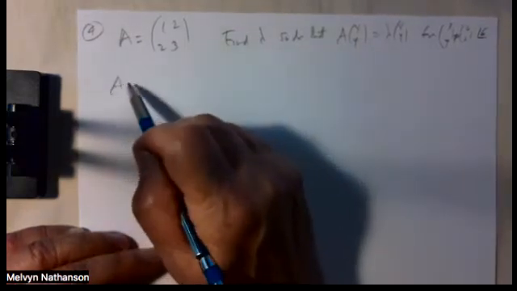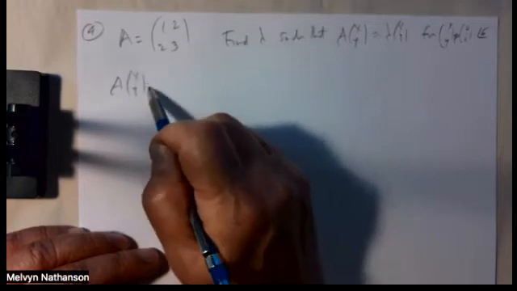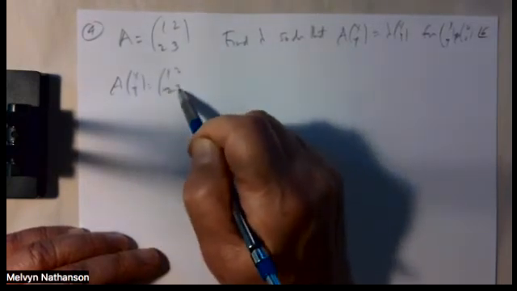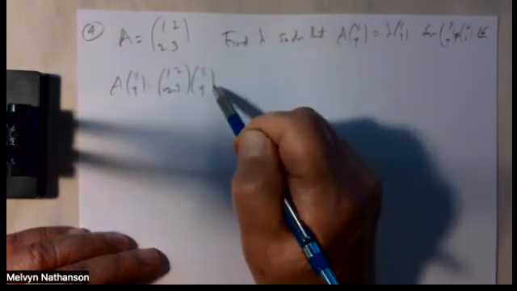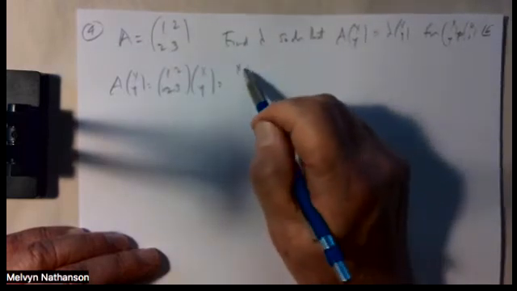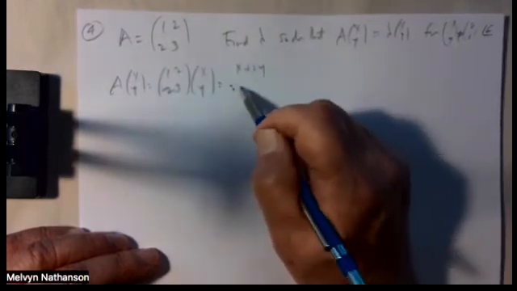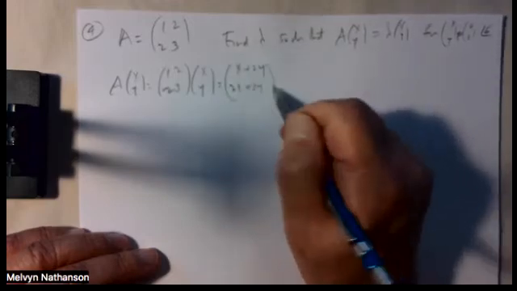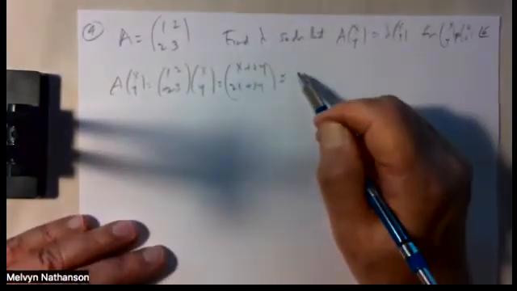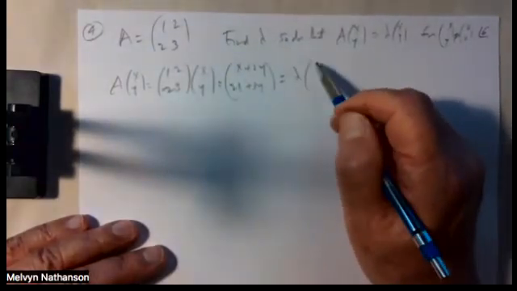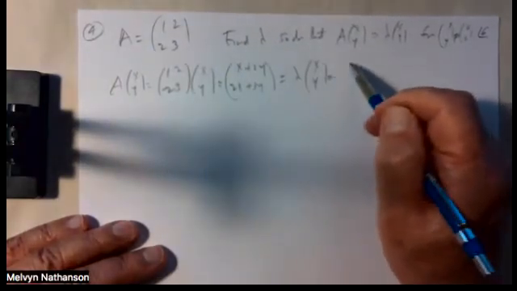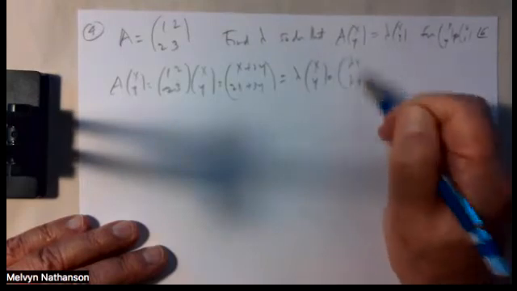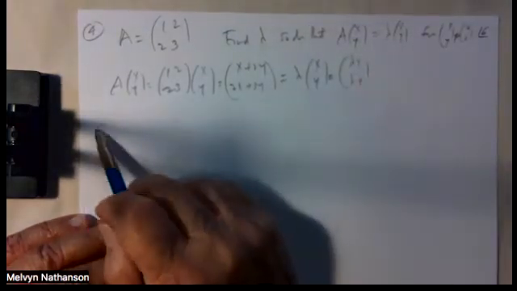So A applied to the vector xy, that's 1, 2, 2, 3 applied to xy, you get the vector x plus 2y, 2x plus 3y. And we want to know, can you find xy and lambda such that this is lambda times the vector xy, which is lambda x, lambda y.